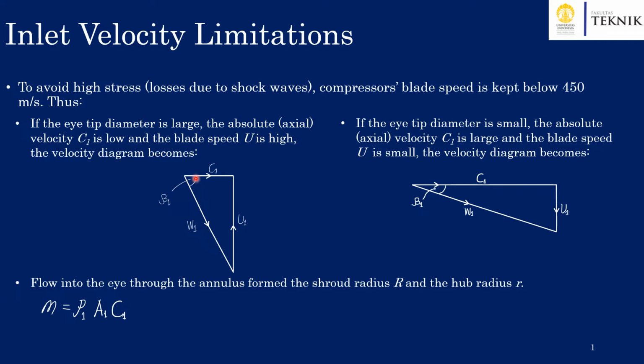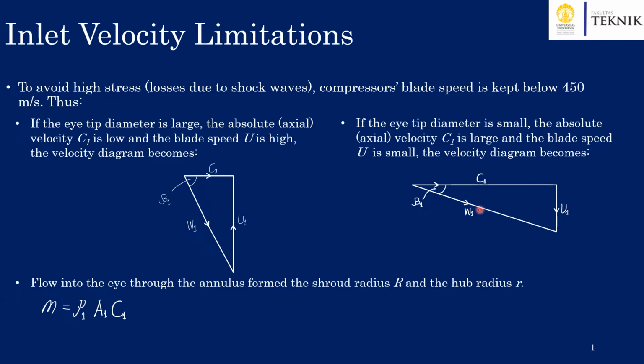On the opposite side, when the eye tip diameter is small, we have the opposite conditions, where C1, the axial or absolute velocity, is large and the blade speed U1 is small.